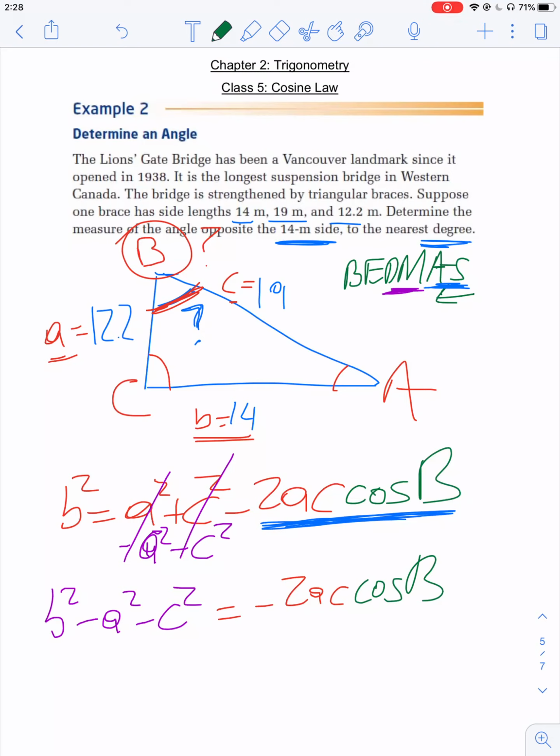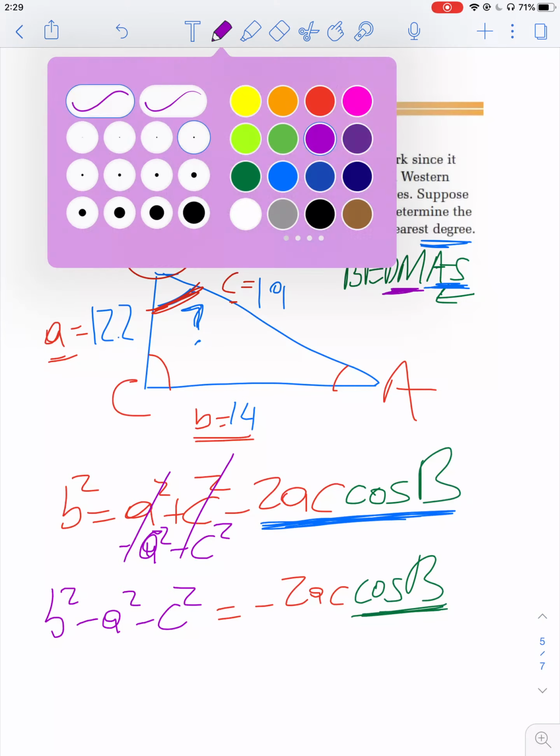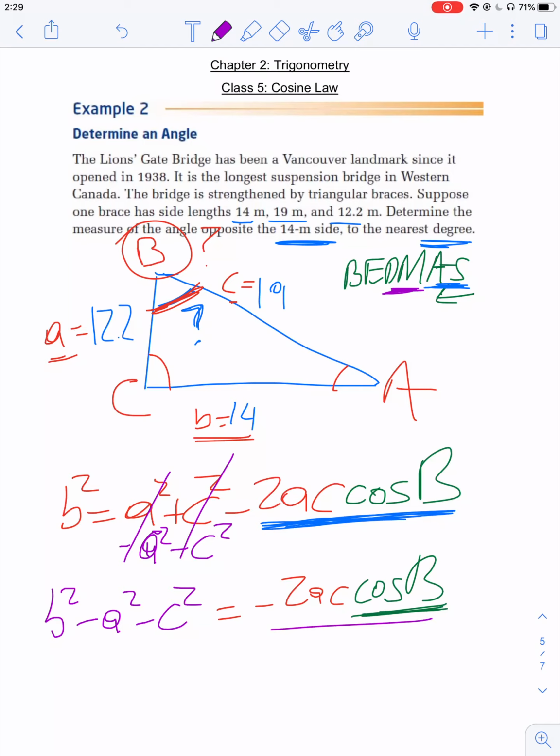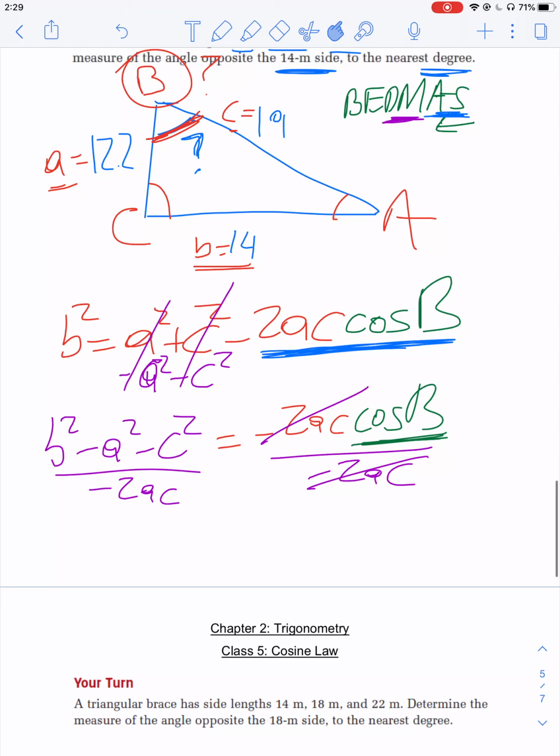So again, my goal is to solve for cos of b. That means I need to get rid of these guys, okay? Because they're being multiplied, I can just divide it out. So I'm going to divide this by minus 2ac, and divide this by minus 2ac as well, because when you divide by minus 2ac, they will just cancel out.